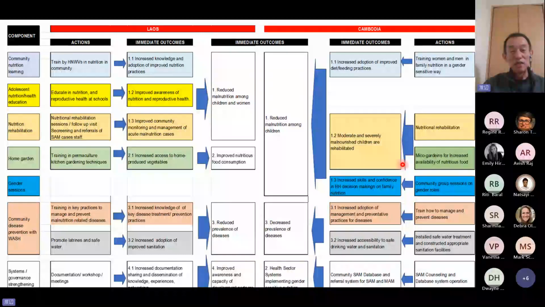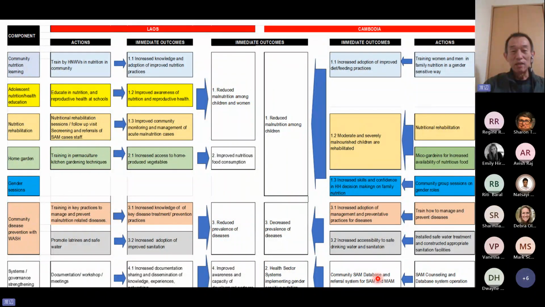On the opposite side, the Cambodia program has set the gender component as a standalone component, whereas in Laos it was integrated within the community rehabilitation and other components.